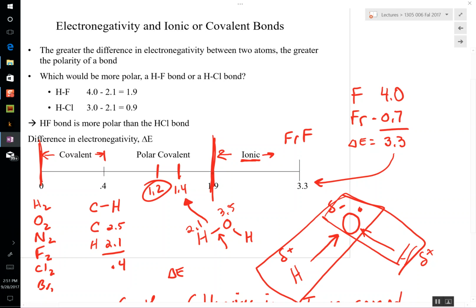It is covalently bonded, it is molecular, but it has a polar character to it. So in chapter 3, you should be able to relate to the type of bonding that's associated with a particular compound.